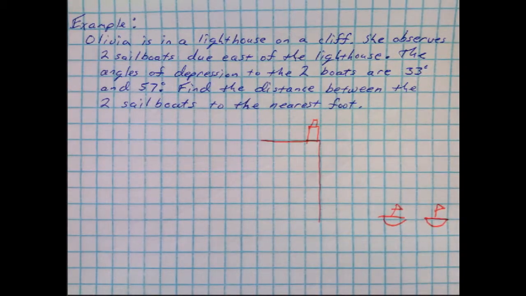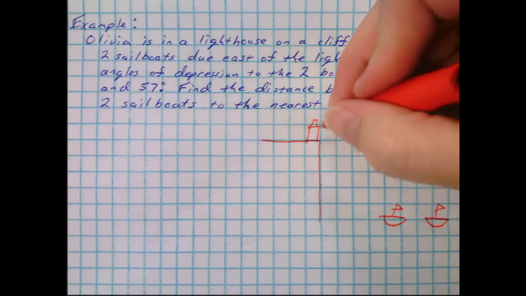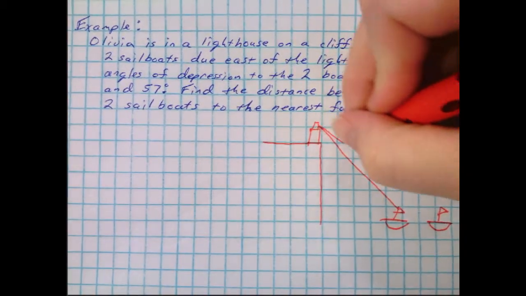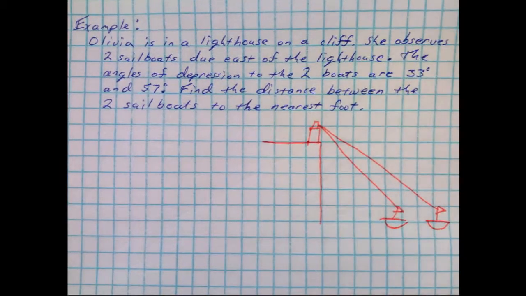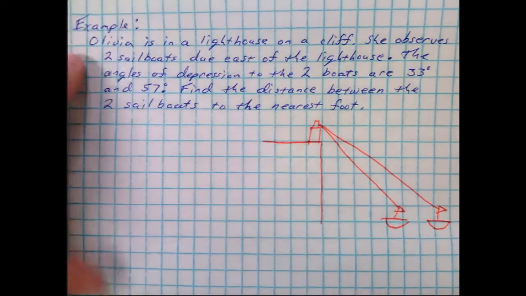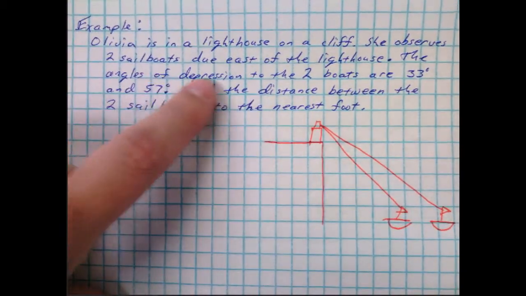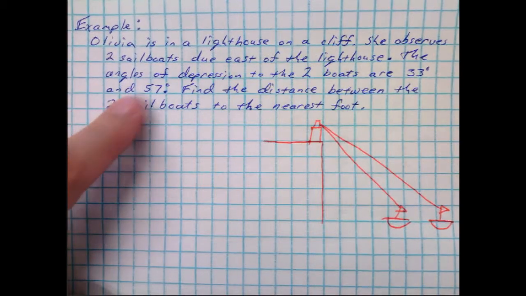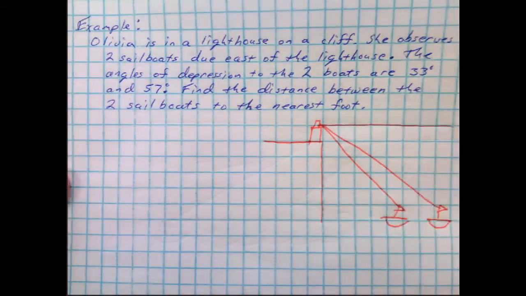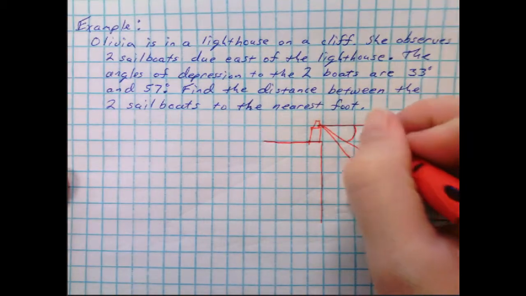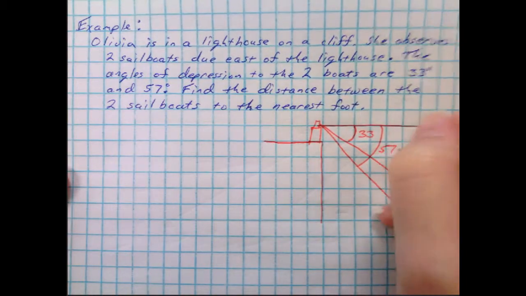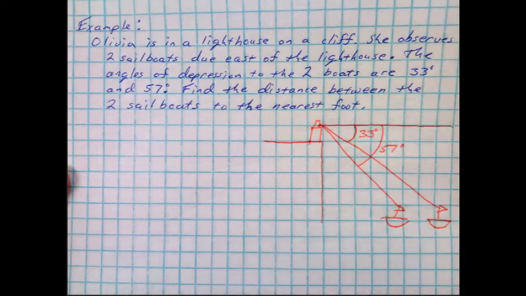So from the lighthouse to one boat, and the lighthouse to the other boat, it told us, due east of the lighthouse, the angle of depression to the two boats are 33 and 57. So we've got to go straight out from our lighthouse. So we have this angle is 33, and this bigger one is 57. Okay?